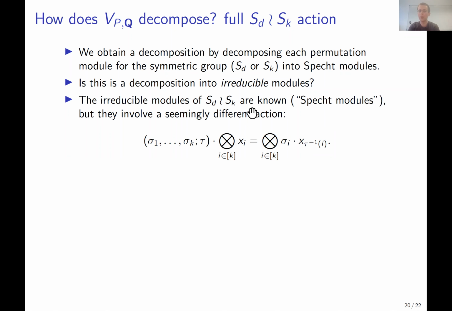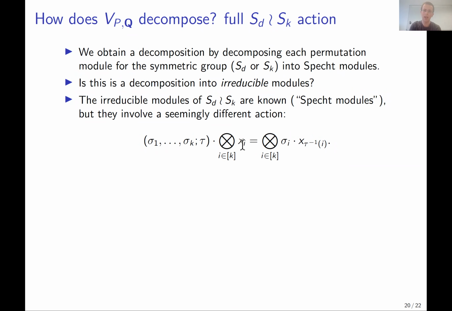So what we do is we link the modules that we end up with to, let's say, the Specht modules for the wreath product. So these are very classical objects in some sense. For instance, I think Macdonald already used them in the 60s. He already showed that these are all the irreducible modules of the wreath product. So they take a similar form to what I showed on the previous slide. They are tensor products of Specht modules, but the action is very different.